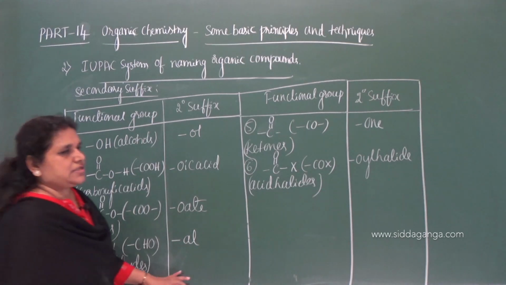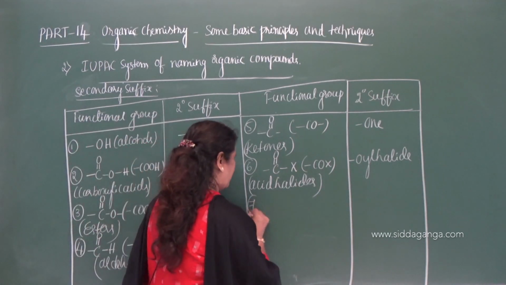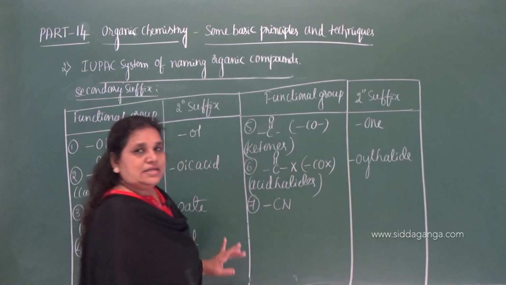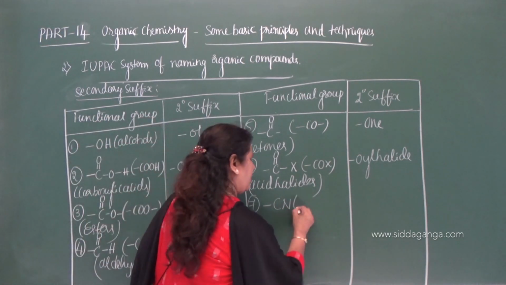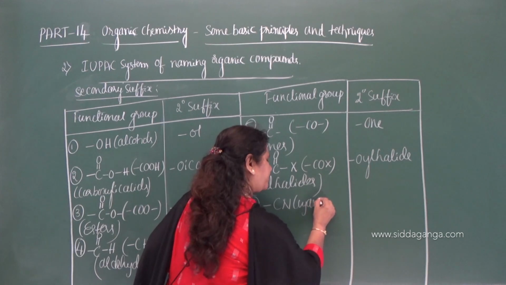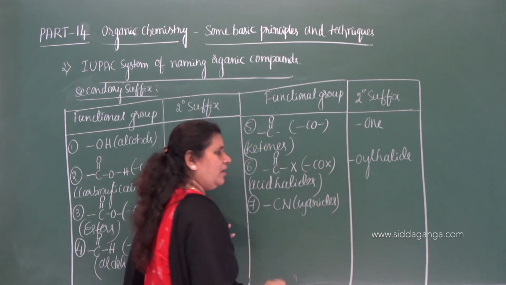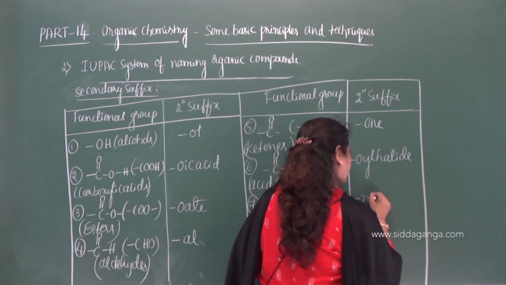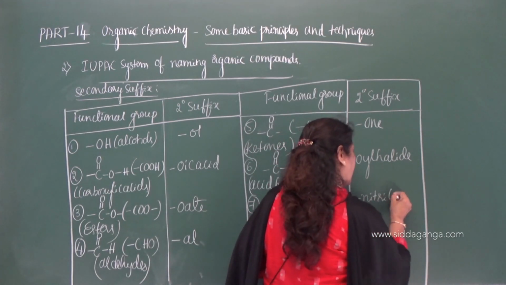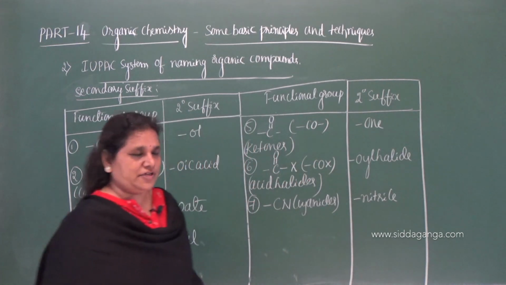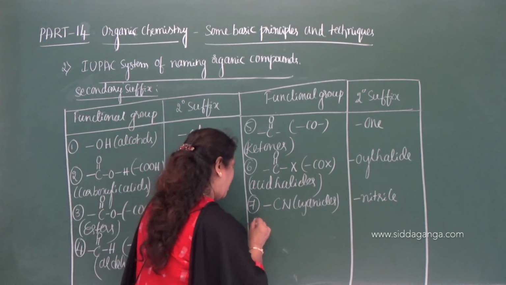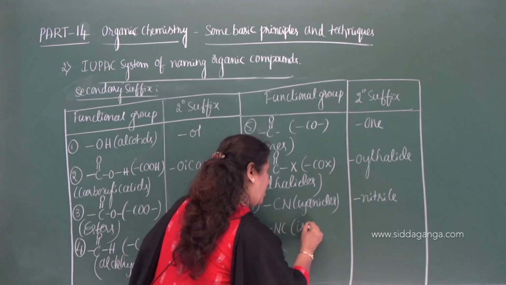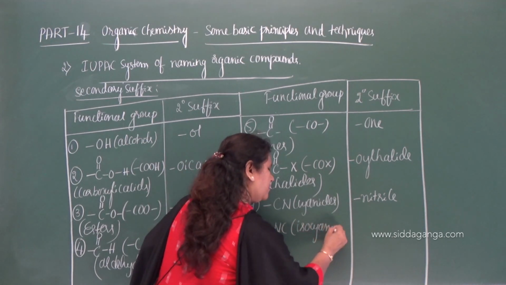Then if it is CN, that is cyanides, then the secondary suffix will be nitrile. So the secondary suffix is nitrile. If it is isocyanide, so they are isocyanides.